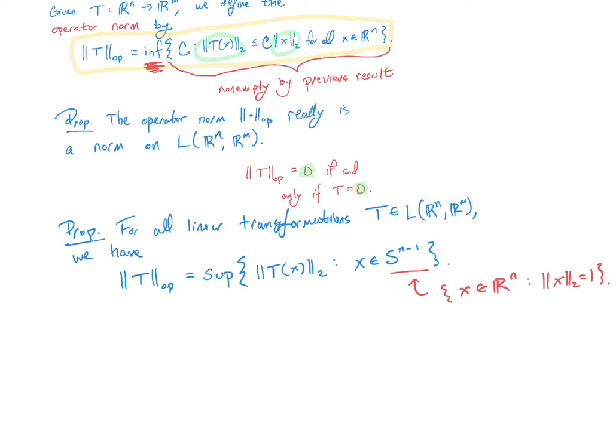Now, we have proved that linear transformations are continuous, and we've proved, this is from the last lecture, that the 2 norm is actually continuous.